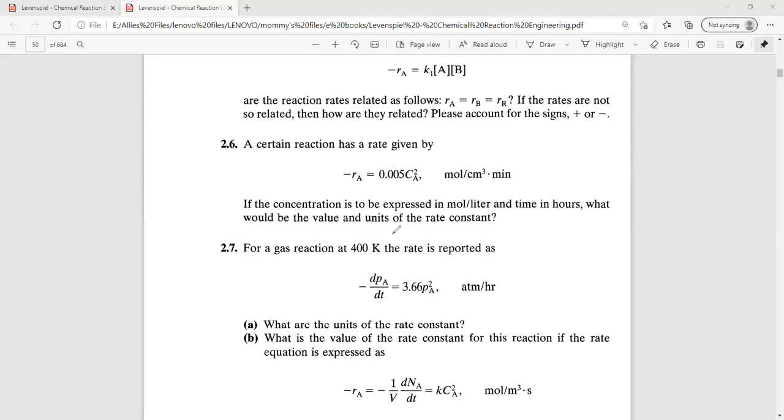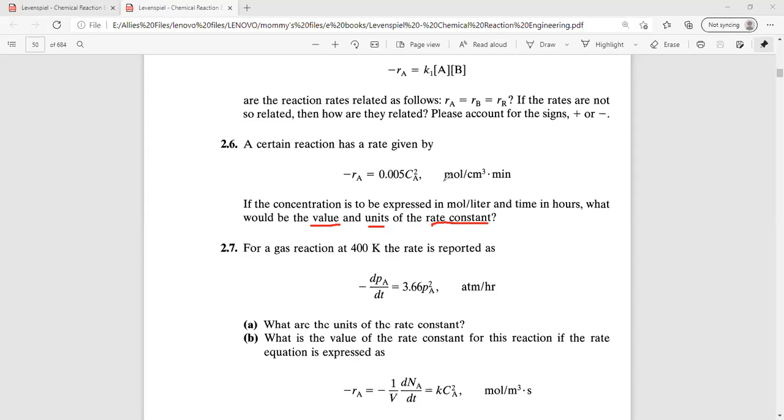Now, the problem is asking for the value and units of the rate constant. It would help if you start with determining what is this rate constant.